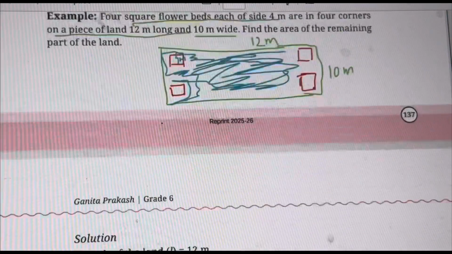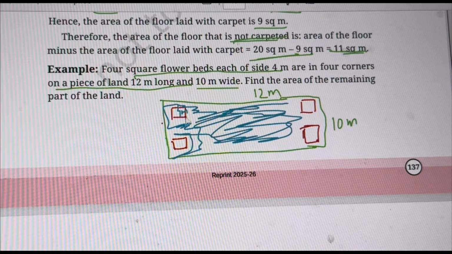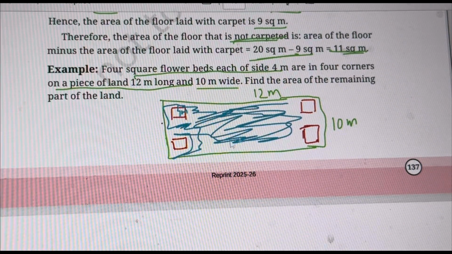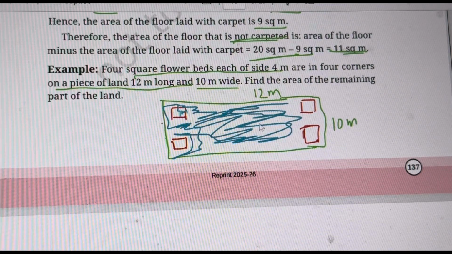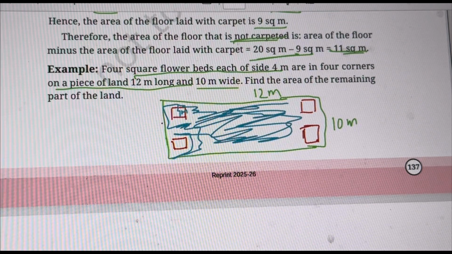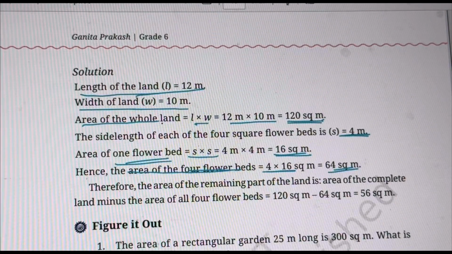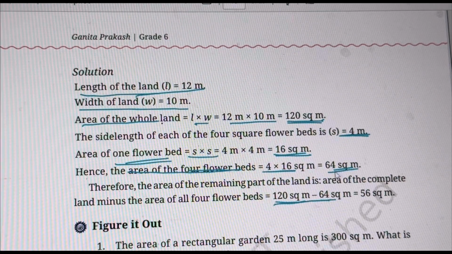I'll just show you the diagram once again, right? So we have found out the area of the land, that is the green part. Then we have found out the area of the square beds 1, 2, 3, 4 by multiplying by 4. And this blue portion, I have not shaded it thoroughly, but this you can say is the remaining portion. We need to find out the area of that. So we simply subtract the area of 4 flower beds from the area of the land. 120 is the land, 64 is that of the flower beds.